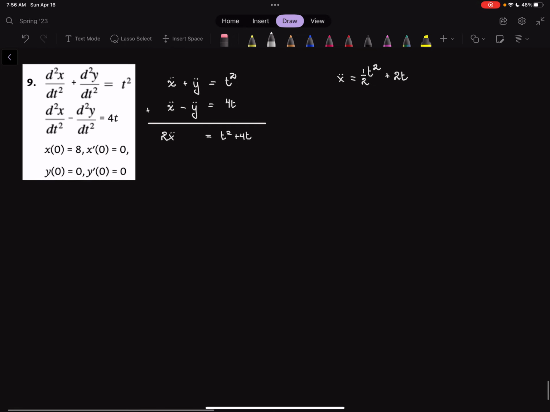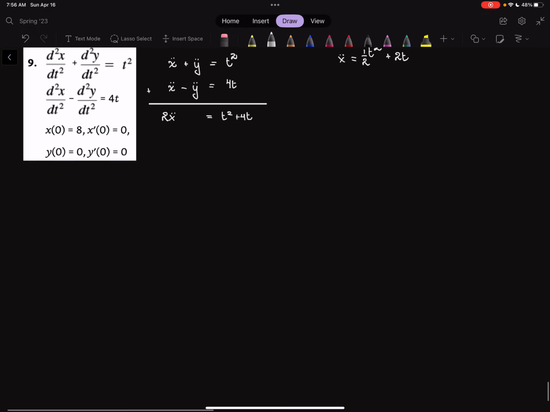And now, can we do something with the y as well? Well, if I multiply the bottom by negative 1, I'm going to get minus x double prime plus y double prime equals negative 4t.